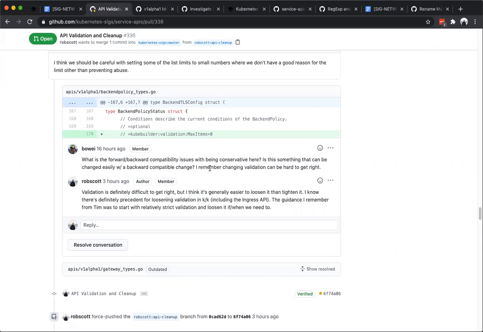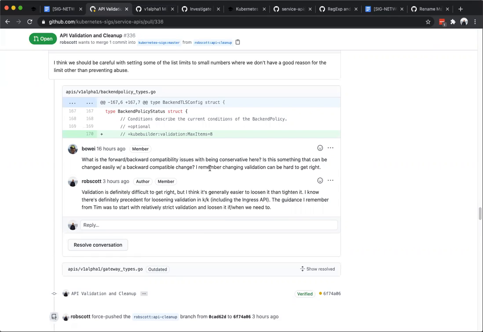His guidance, as I remember it, and I tried to write this in the doc where I summarized that first feedback I got from him, was to start with the lowest reasonable limit that made sense within reason, because you can always expand it.